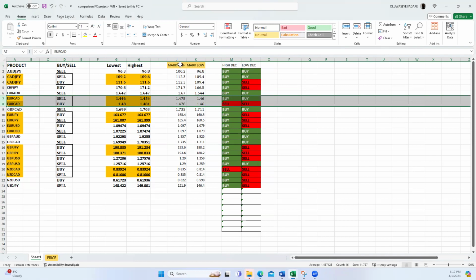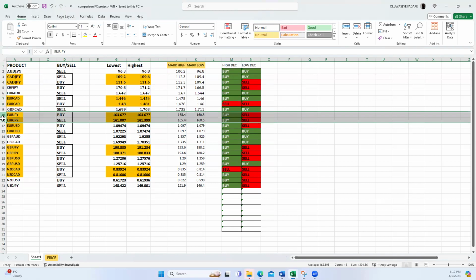If you look at the highest and the lowest for this month, 1.478 and 1.46, you see that these prices are out of this range. Like this 1.446 and 1.454, they are not up to this, and this 1.448 and 1.481, they are above this. Okay, so that's why we have the two directions being correct in that instance.